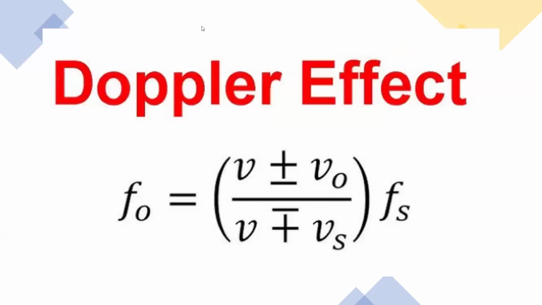Let's see an example. A train emits a note which has a frequency of 800 hertz.